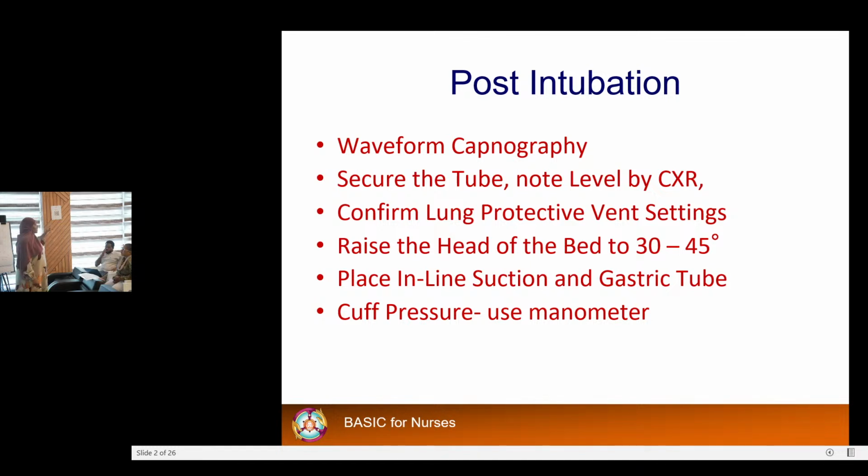What else? FiO2. Targeting what? Saturation, which should be above 94, or if you have the facility to do ABG, PaO2 above 60, for 55 to 85, depending on the type of your patient, okay? Respiratory rate, IE ratio, okay?